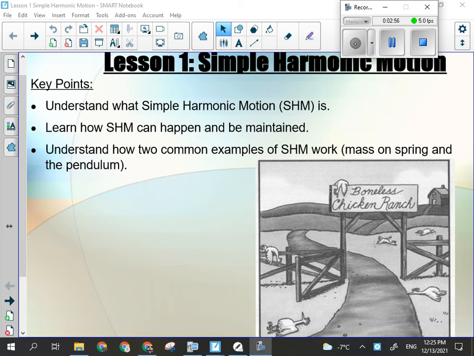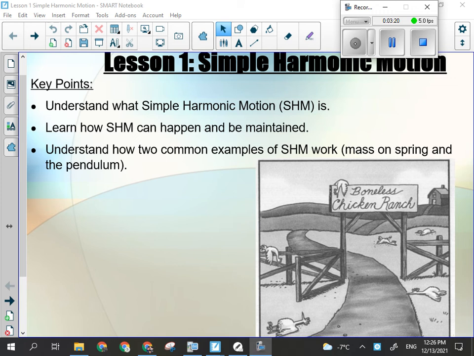The same would be true if I had a mass on a spring. So if I had, let's say, just a ball on a big spring and I pushed it inwards, what is the spring trying to do to me? It's trying to push back. It's trying to push that mass back to its resting position or its equilibrium position.